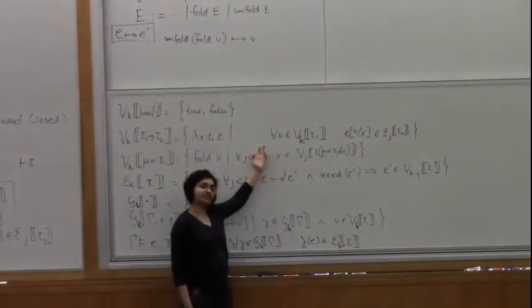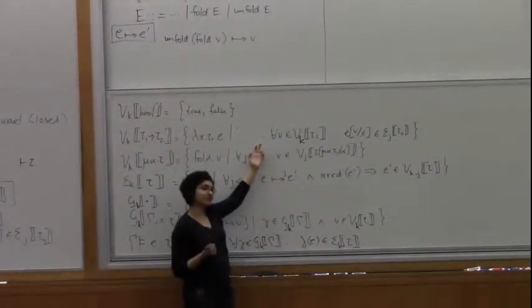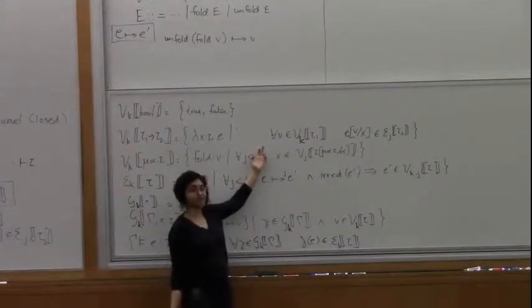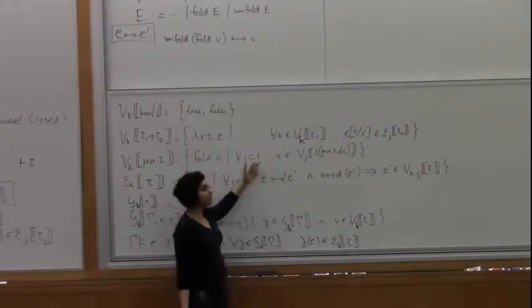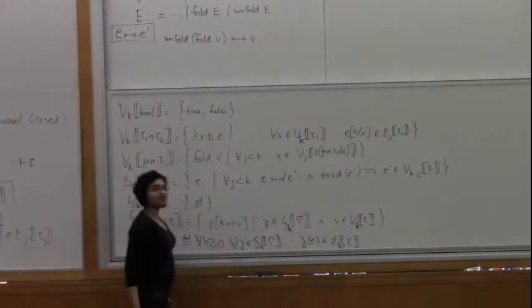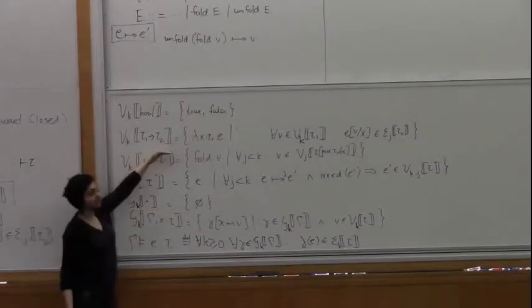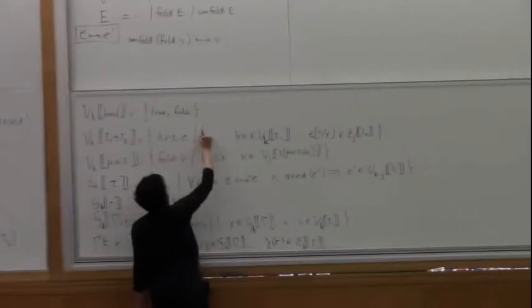We need a value that's good for k steps, but we only have one that's good for fewer steps. And this has to do with the usual thing with functions, this contravariant occurrence.